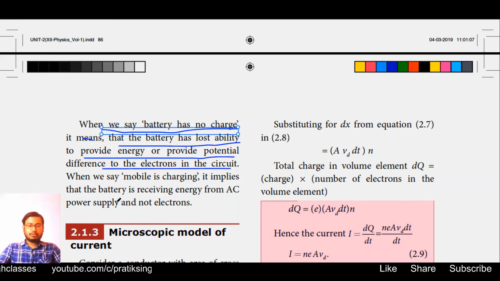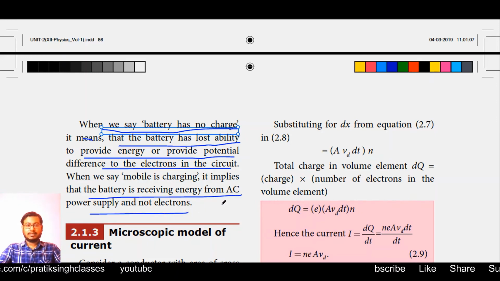When we say the mobile is charging, it implies that the battery is receiving energy from the AC power supply, not electrons. When we connect the charger to the power socket, we are just providing power to the battery, not extra electrons.